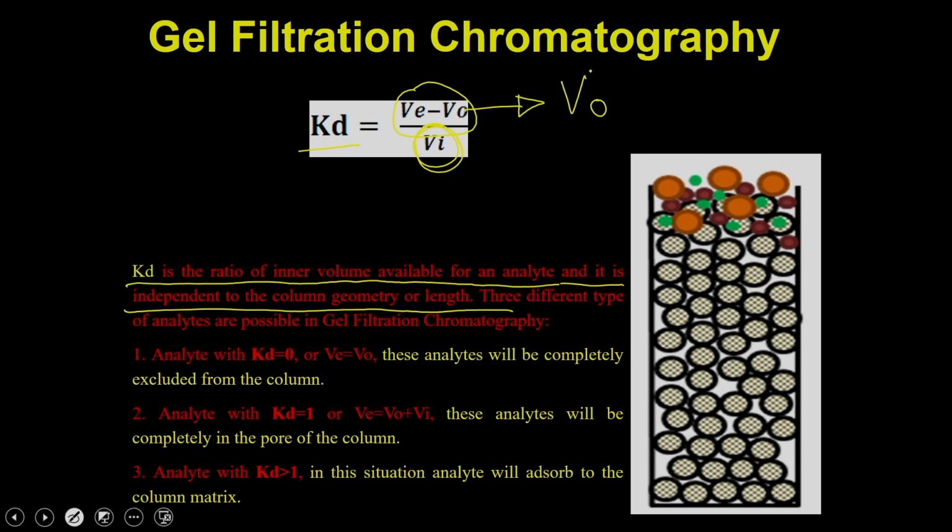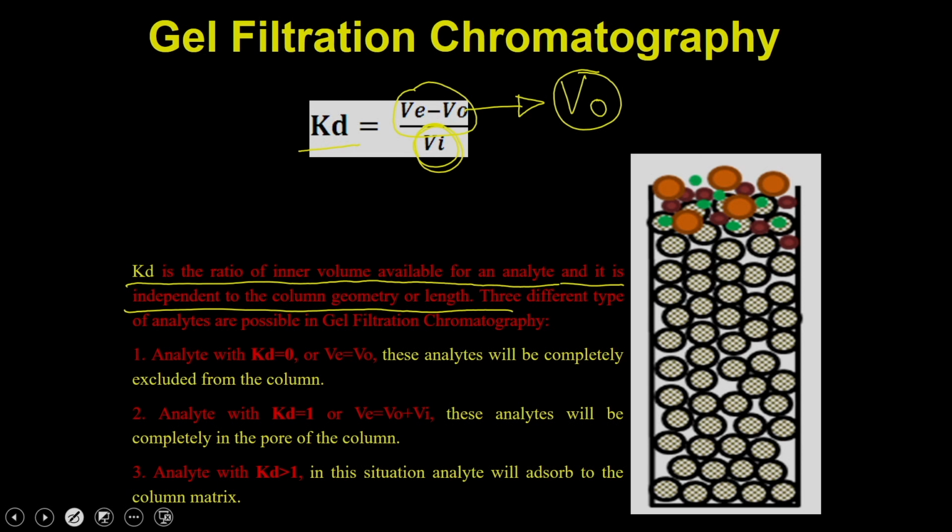The pore volume may not change, but Ve minus Vo will change proportionally, and that is why the Kd, the ratio of the concentration of the analyte in the outer volume versus the inner volume, is independent of the column geometry or the length.